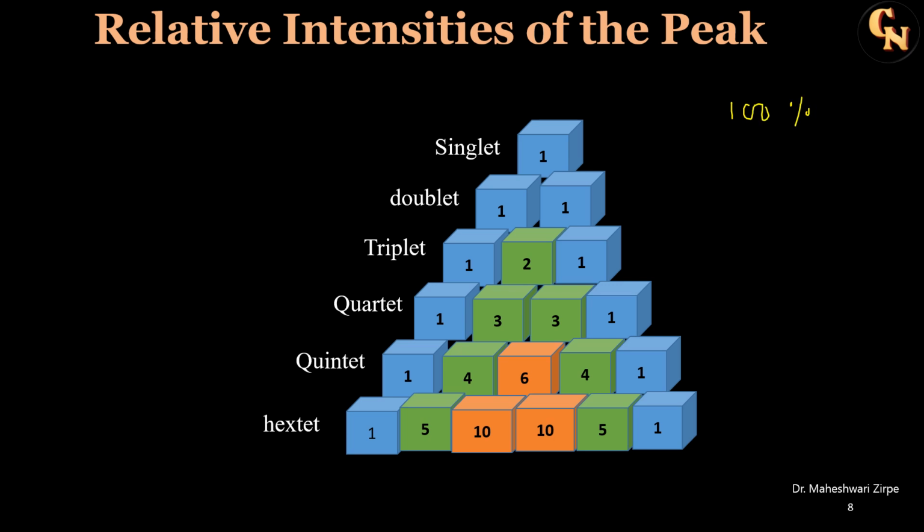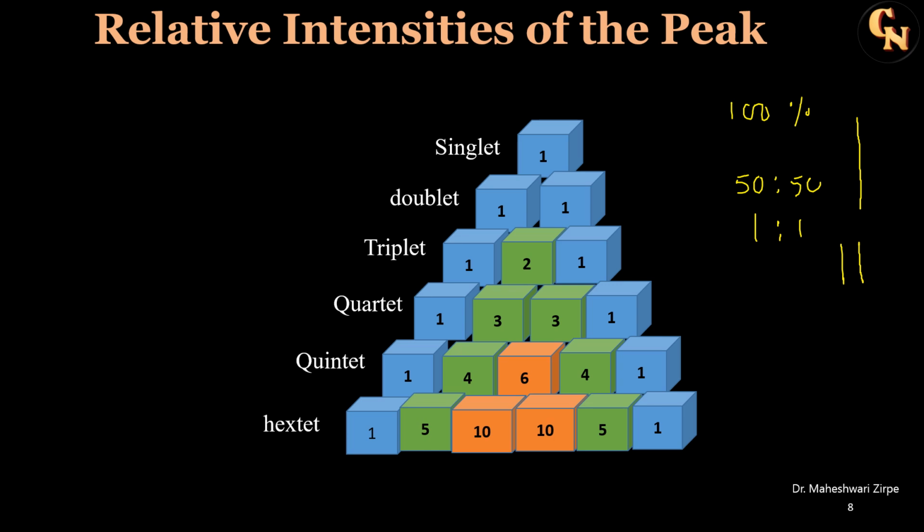If the intensity is 100%, then the singlet will show a complete 100% signal. Then doublet means it will get divided into 1:1. So 100, if we divide it into 1:1, it will be 50:50. So 50 means half, that is 1:1. So you will see two signals which have equal intensity or equal height.